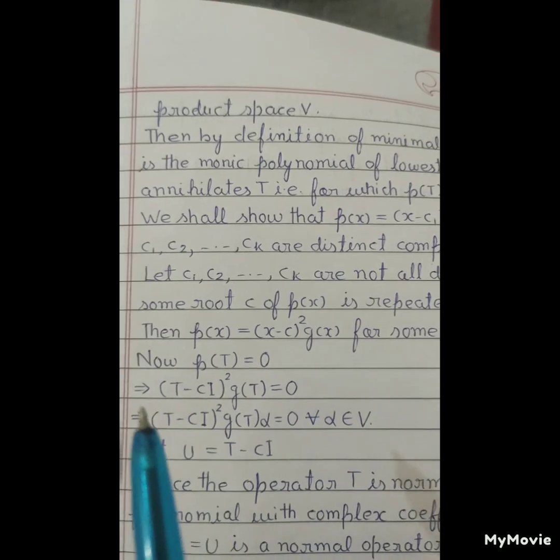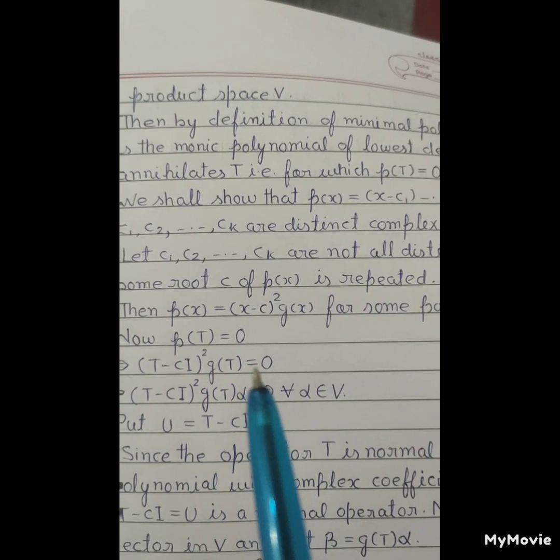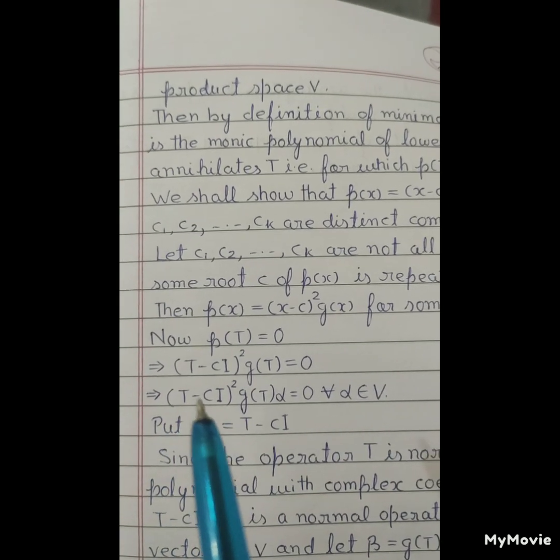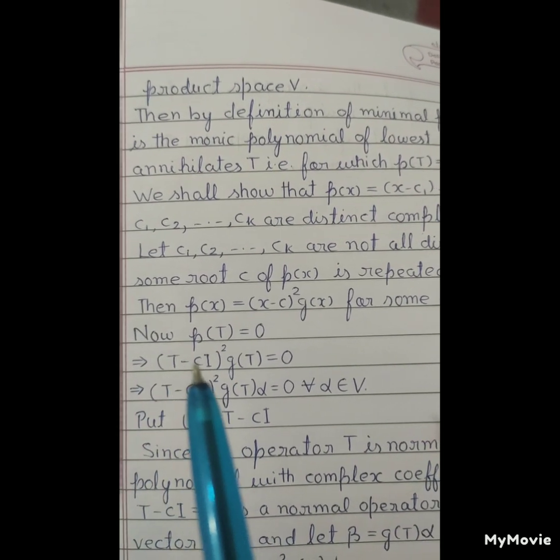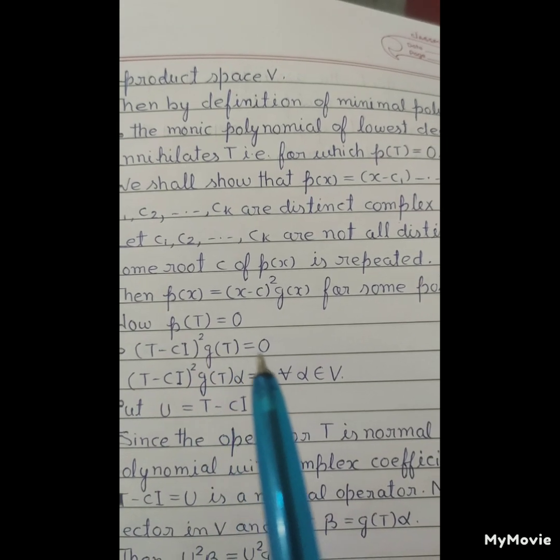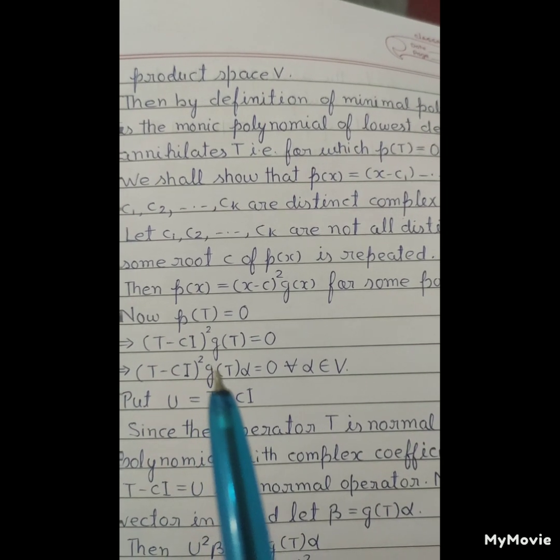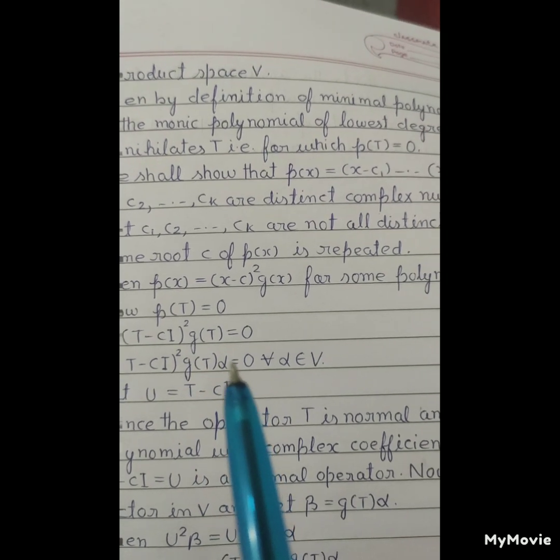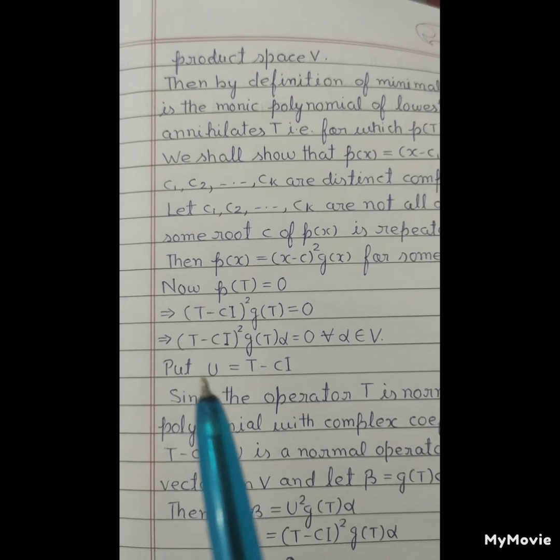Now p of T equals 0, which implies (T minus ci) into g of T equals 0, which implies (T minus ci) whole square g of T alpha equals 0 for all values of alpha belonging to V.